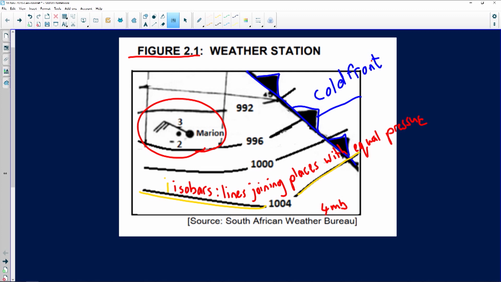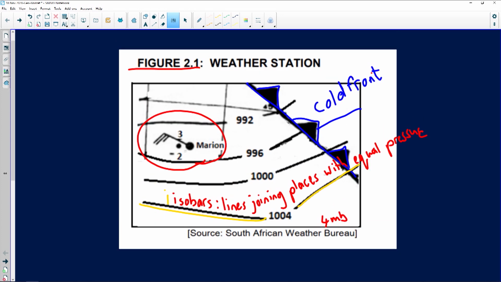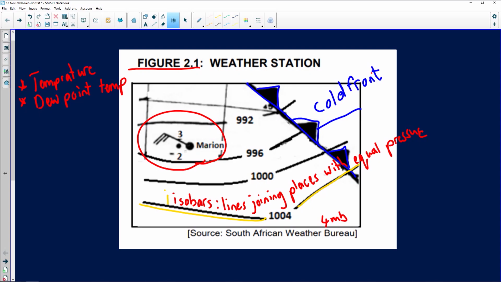Now, a weather station model represents the following: temperature, dew point temperature, okay, and when we talk about temperature, we're talking about maximum temperature that's being experienced. Dew point temperature, quite important. What's dew point temperature? It is where condensation takes place, where the water vapor turns back into a liquid. Okay. What else does a weather station model represent? It represents the wind speed.